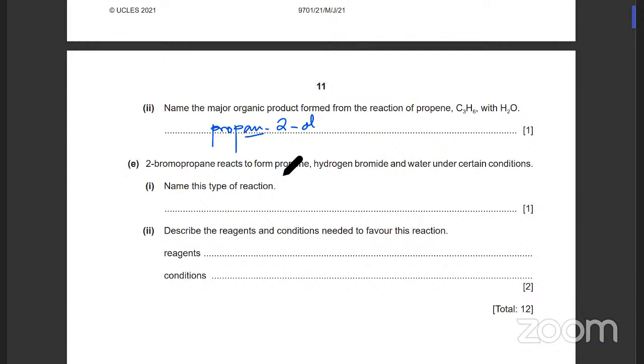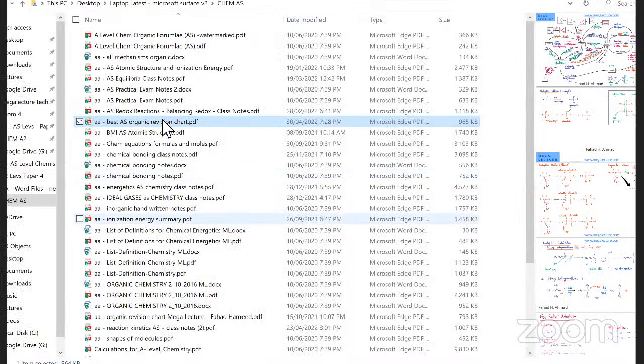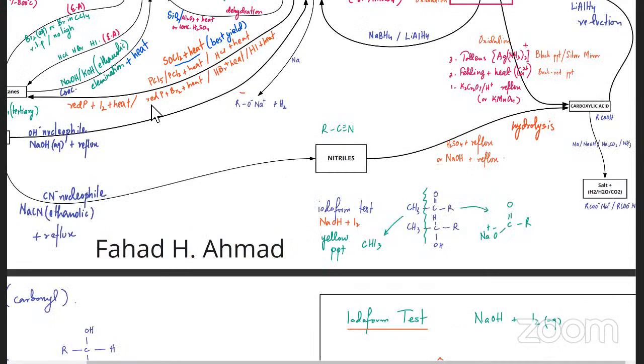2-bromopropane reacts to form propene, hydrogen bromide, and water under certain conditions. Name the type of reaction. I'll open the chart as well. So he's talking about a halogenoalkane, and he's talking about elimination, about forming an alkene, which is this part over here.